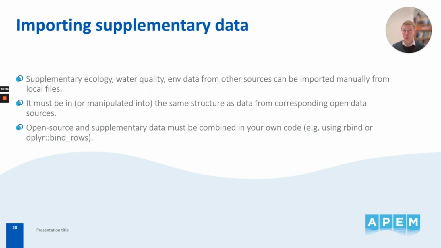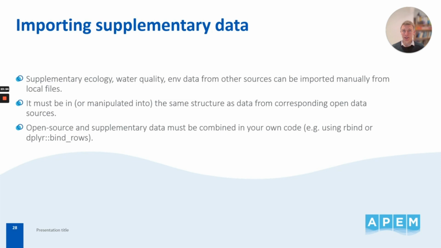So together, all of those import functions allow us to read in data from a variety of different online and offline sources. But we do recognise that those functions, whilst they're fantastic and very flexible, won't necessarily always meet your needs. And there will be occasions when you need to bring in supplementary ecology, water quality or other environmental data from other sources. And that needs to be manually imported into R. So obviously you can do that.